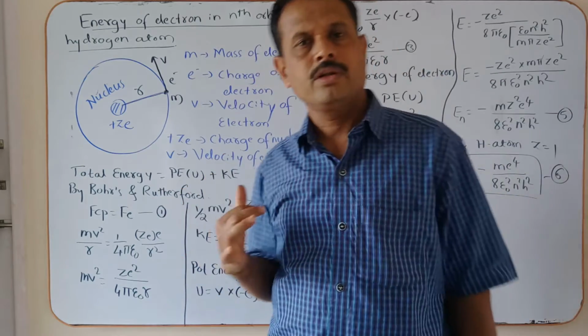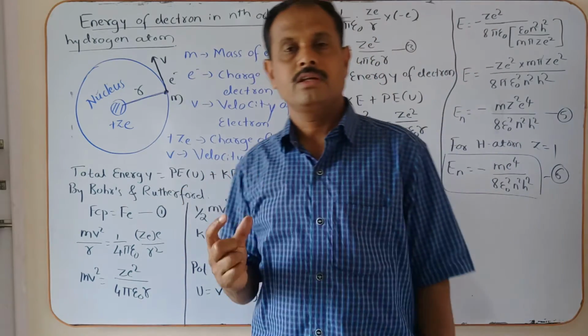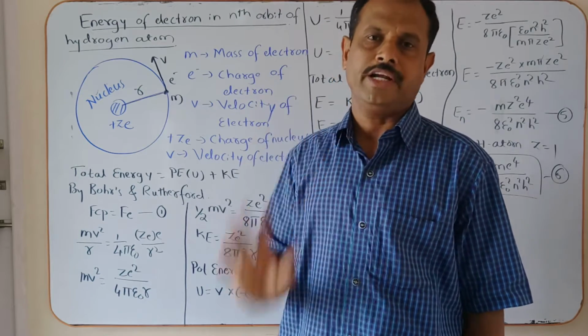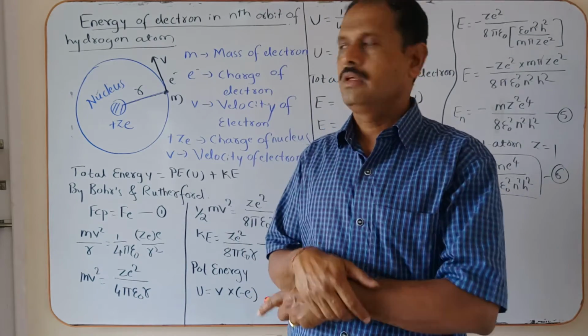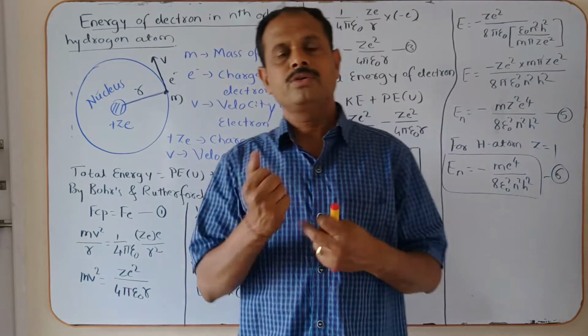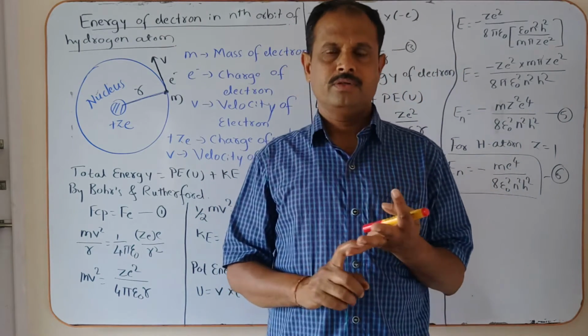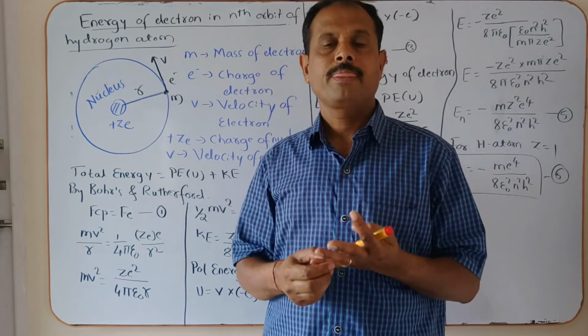In this video clip, I want to discuss the energy of the electron in the orbit of a hydrogen atom. In the previous video clip, we already discussed Bohr's postulates, 3 very important postulates.